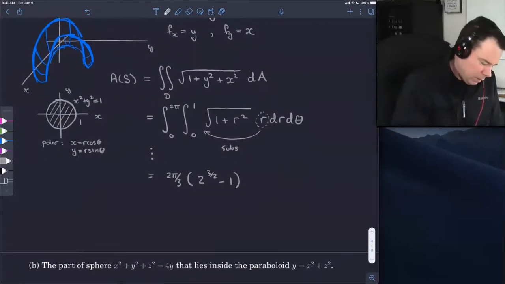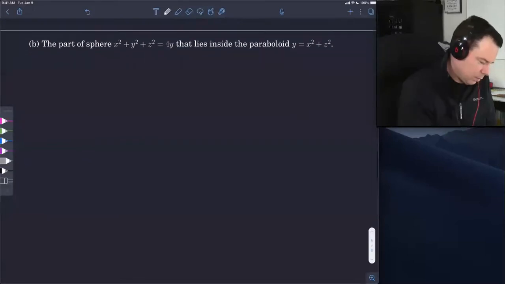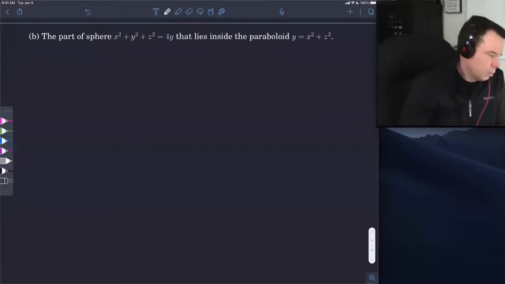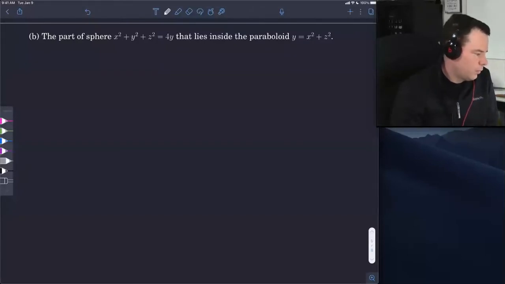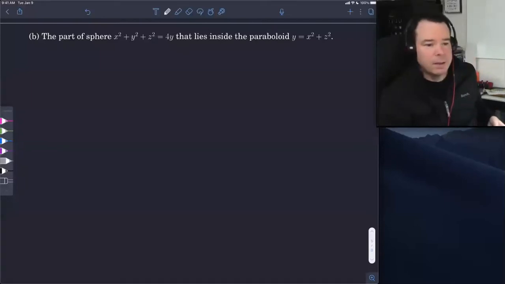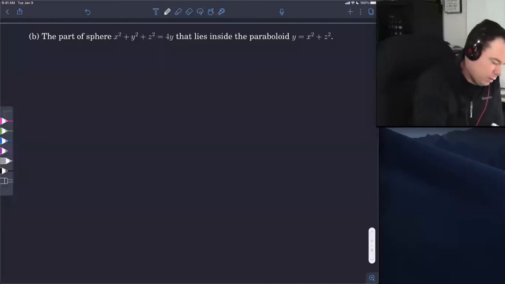All right, let's have a look at the next example. So we want to find the surface area of the part of the sphere given here that lies inside the paraboloid. So we've got a sphere, and it's going to be the portion inside the paraboloid.